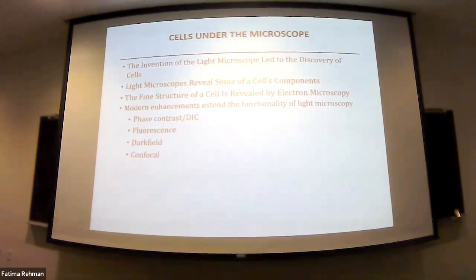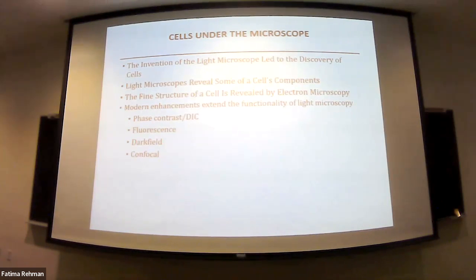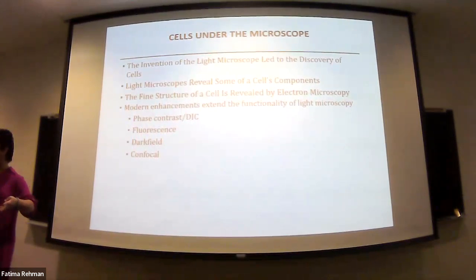So the invention of the light microscope not only led to the discovery of cells, but also allowed us to see all the similarities across organisms of these cell structures and how they function within them. The light microscope revealed a lot of the basic cell components, right? You can see the membranes, you can see cell walls, you can see the nuclei.